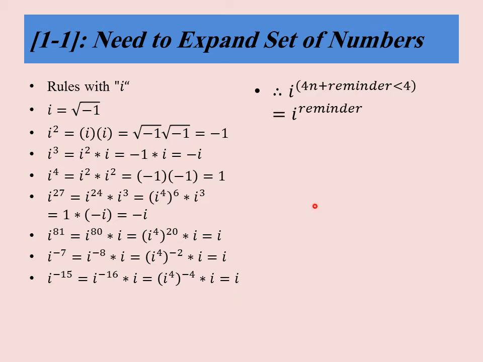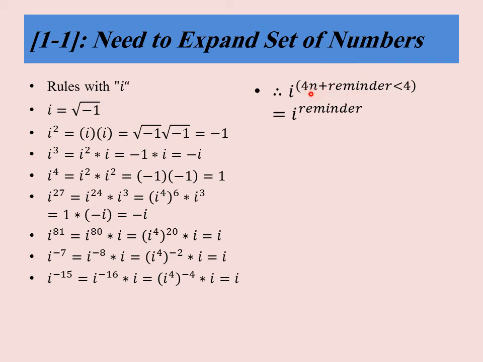So I see that for any one of the powers here, the power should be a multiple of 4 plus the remainder. This remainder should be less than 4, because if it is 4, it is going to be added to the multiples.